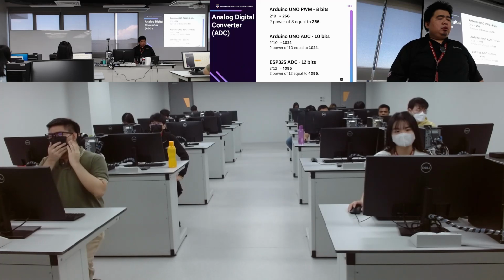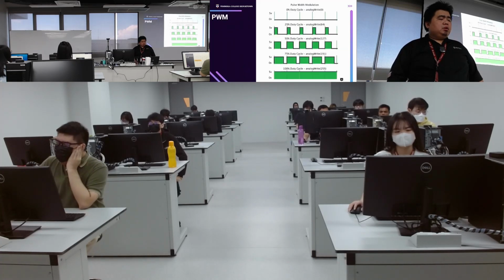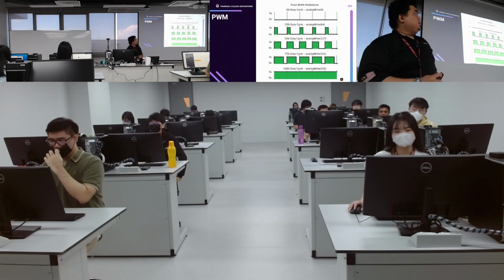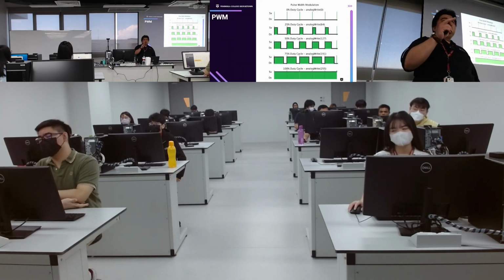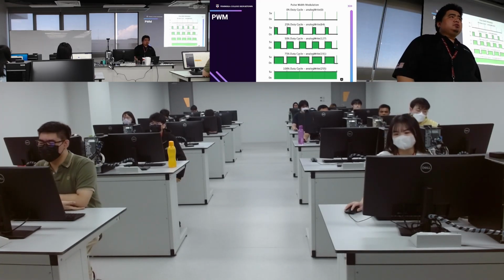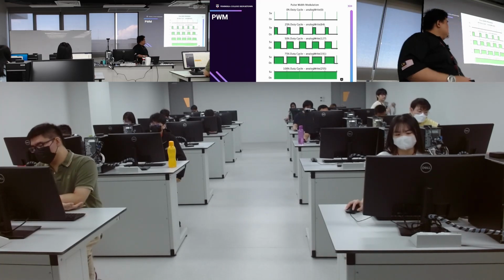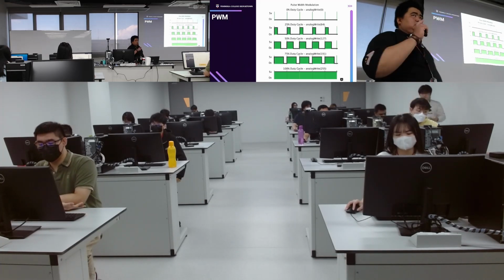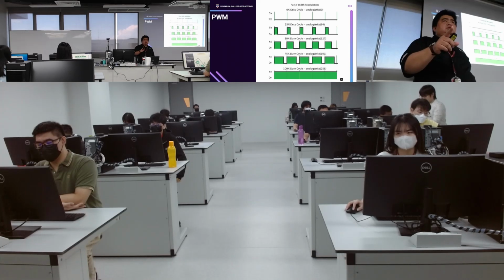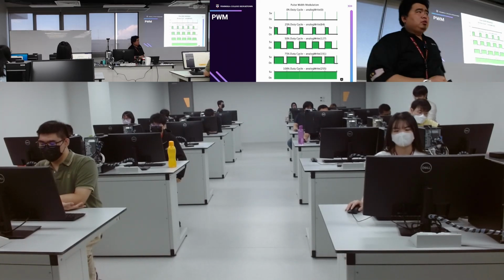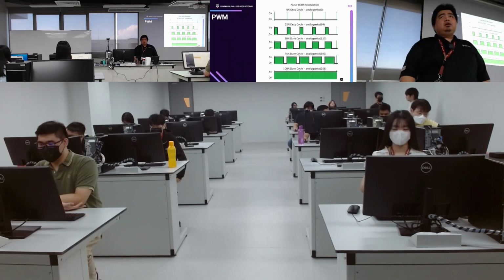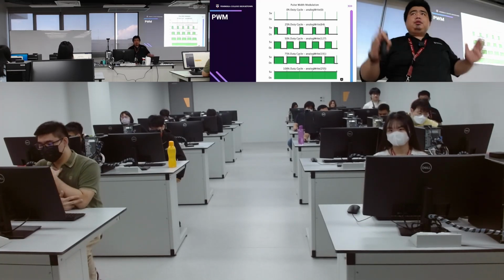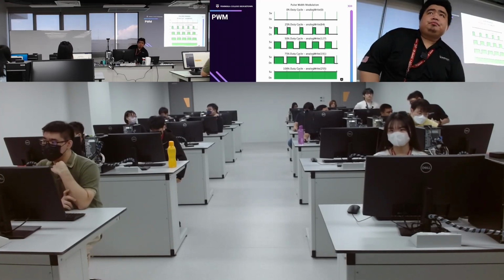So PWM stands for pulse width modulation. Pulse kan, tet, tet, tet, that is pulse, right? But this one, kalau dia panjang ni macam tet, tet, tet, macam itulah. So that's why they call it a pulse width modulation, right? Pulse and dia punya width, right?